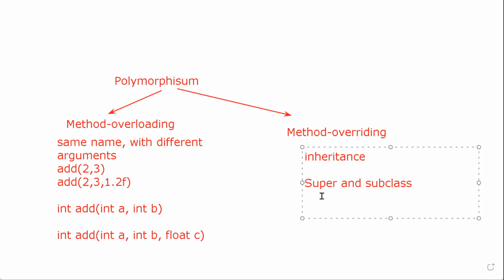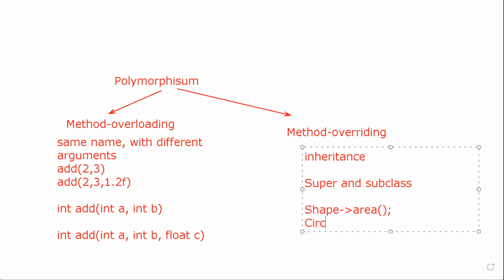For example, take a superclass Shape. Shape will have an area method. But can you find the area of a shape unless the shape is known as a circle or whatever? You cannot, right? So just the method definition can be given. But in Circle, which extends Shape, we can give an area method.